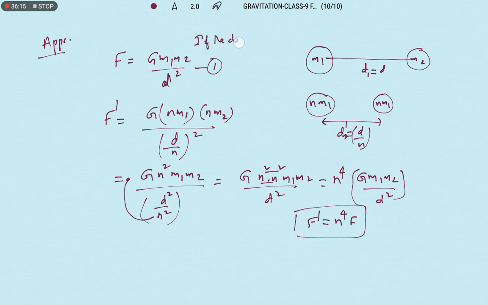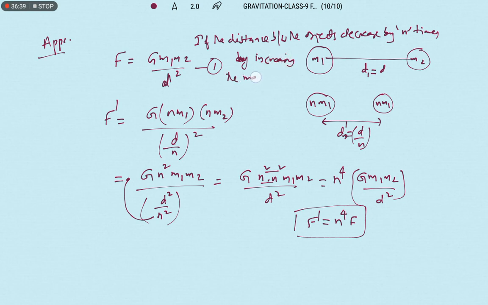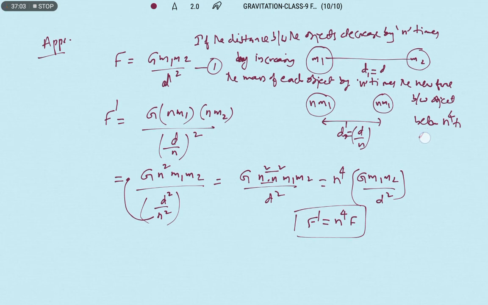That is, if the distance between the objects decreases by n times by increasing the mass of each object by n times, then the new force between the objects becomes n power 4 times of the initial force.